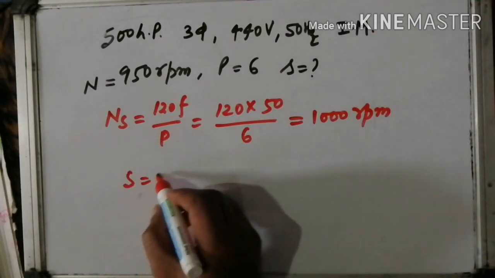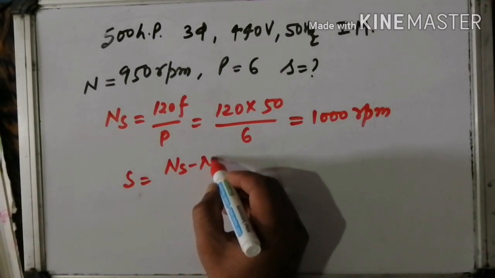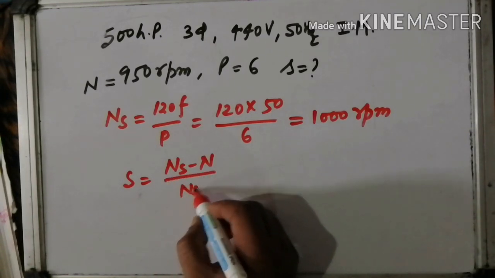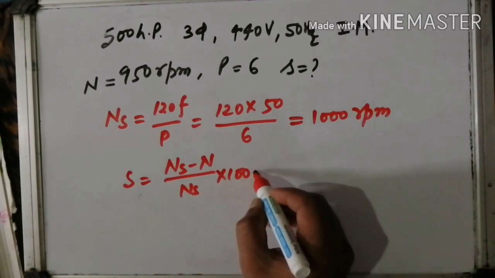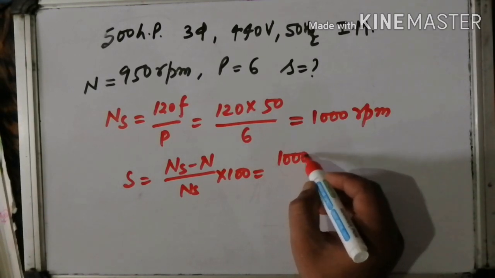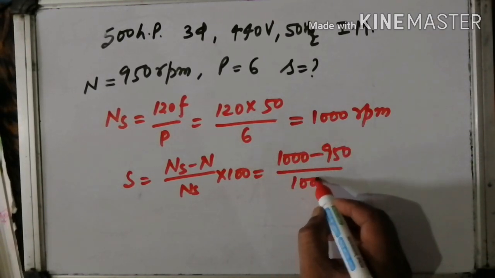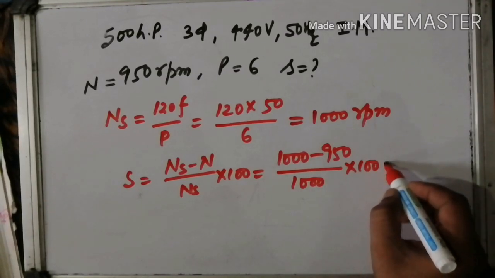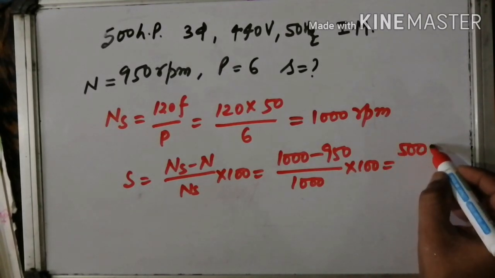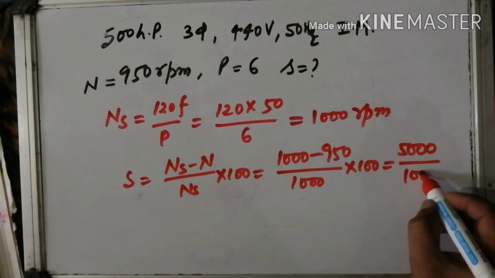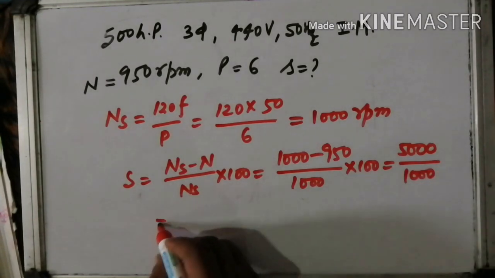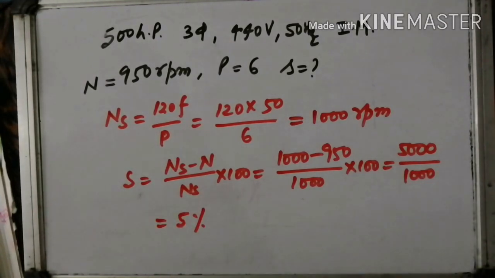Now for the slip, that is (Ns minus N) divided by Ns into 100. So it is (1000 minus 950) divided by 1000 into 100. That is 50 into 100 divided by 1000. So the value of the slip is 5%.